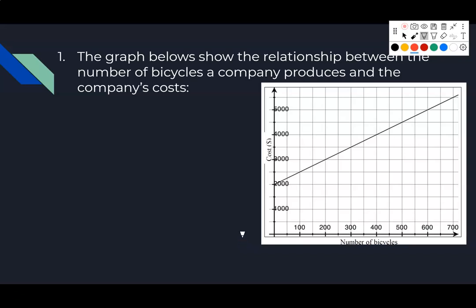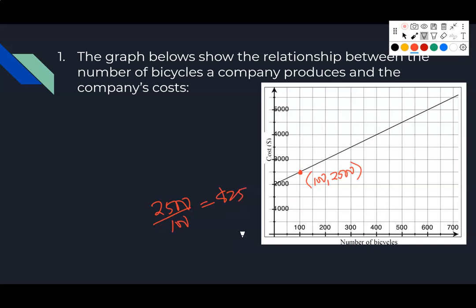She mentioned that when it's 100, this point here is 125. And what she did was she divided 2,500 over 100, and she got $25 per bicycle.